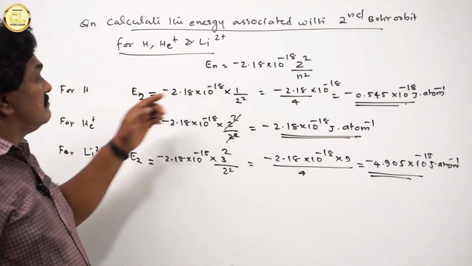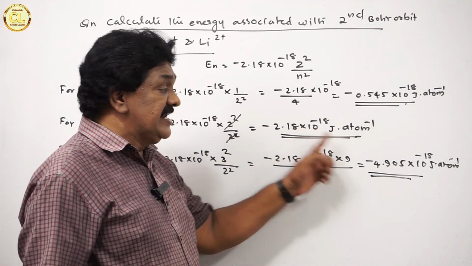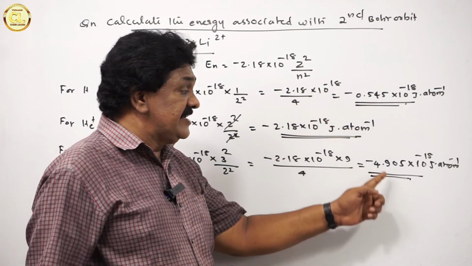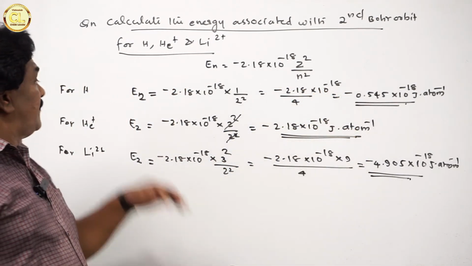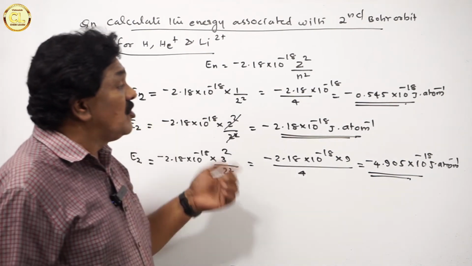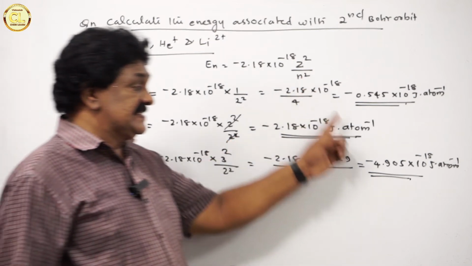See, from these three values of energy, it is clear that the negative value of energy increases from H to Li2+. But the positive energy value decreases.